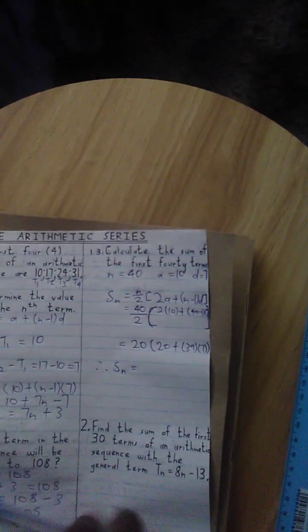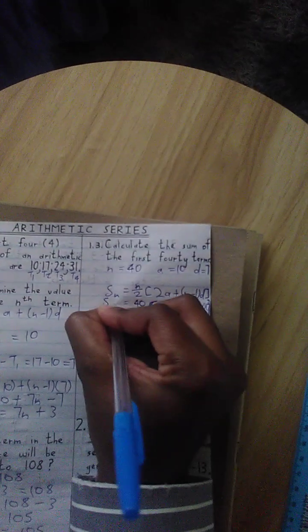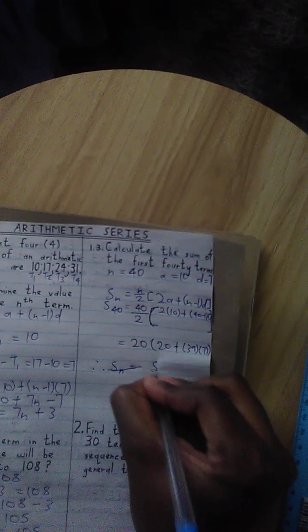So I'm getting, sorry, S40. It should have been S40. My mistake. The answer I'm getting is S40 is equal to 5,860.